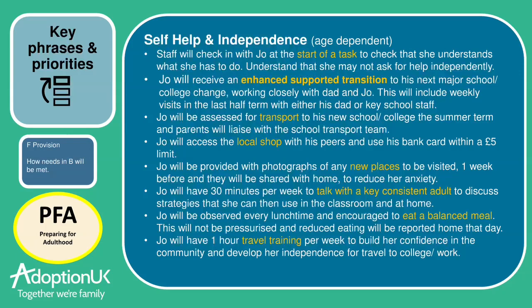Whether a school can provide that or whether they need to liaise with the local authority for the 0 to 25 team to provide that is another question. But you're looking at transitioning to out of school. Maybe your child needs some support with that. So do inquire, ask some questions.